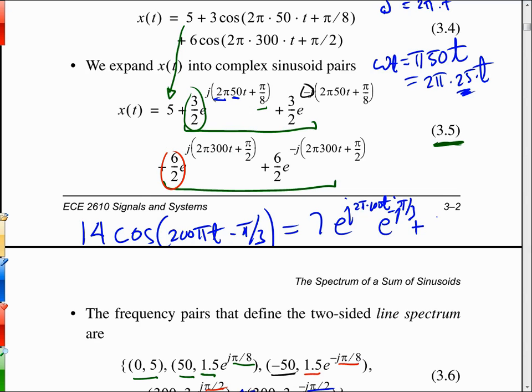And then you could add in the other term, 7 e to the minus j 2 pi times 100t times e to the plus j pi over 3. So that's correct, the way I see it.